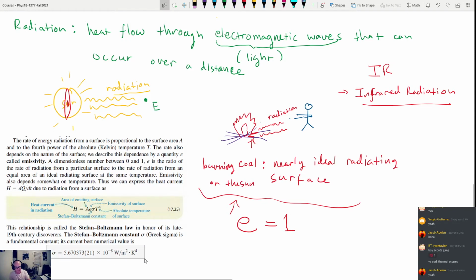This is a constant that's the same for everything. It's always this value. And if you'll remember the force of gravity from physics 1A, which is big G times m1 times m2 divided by little r squared, where big G is equal to this. You guys remember this?